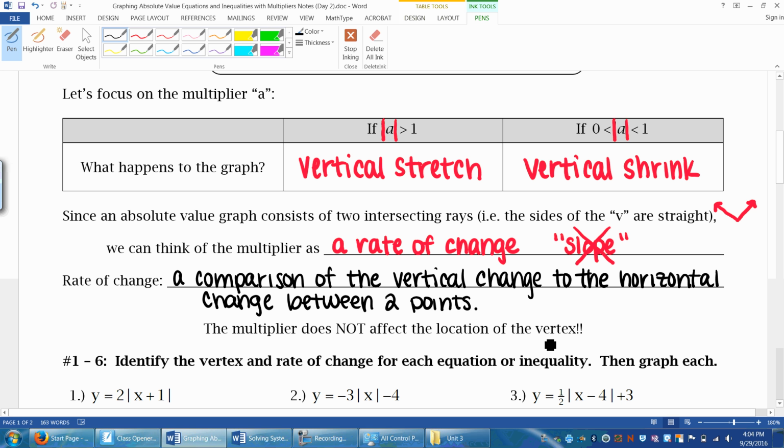Just so you know, the multiplier does not affect the location of the vertex. Your horizontal and vertical shifts are still going to be the same as yesterday. They are not affected by this multiplier. It's just going to change the shape of the graph.